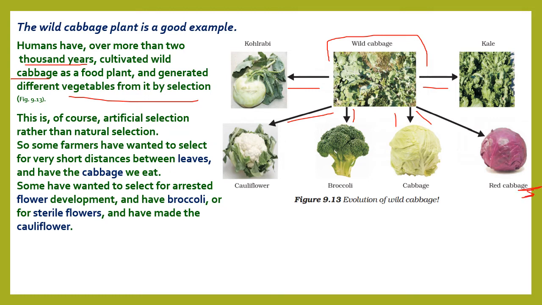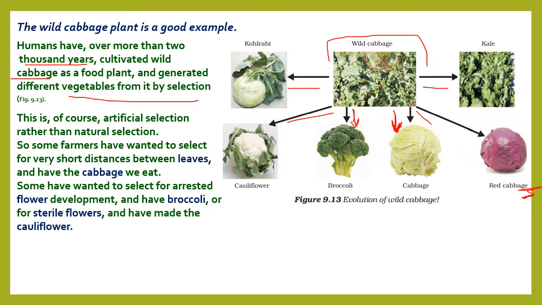So from wild cabbage, if some farmers have selected leaves, this was a new variety, that is cabbage, and you all are familiar with this cabbage. That is a common food nowadays. Some other farmers wanted to select for arrested flower development, and they had broccoli.